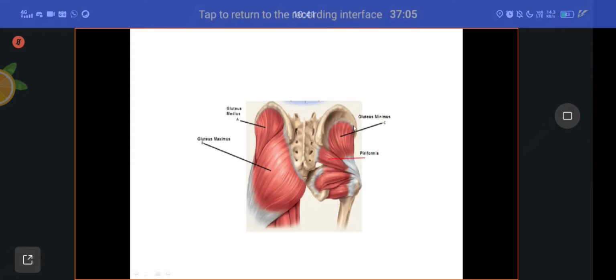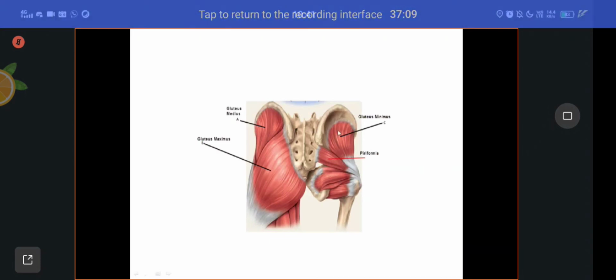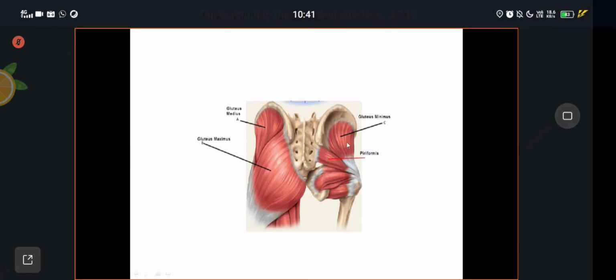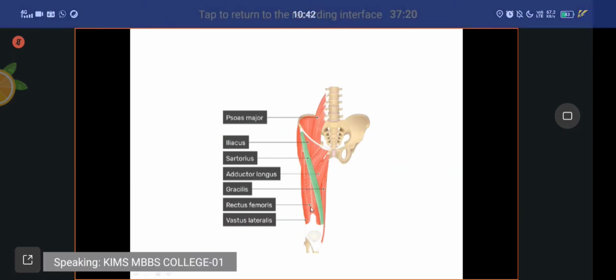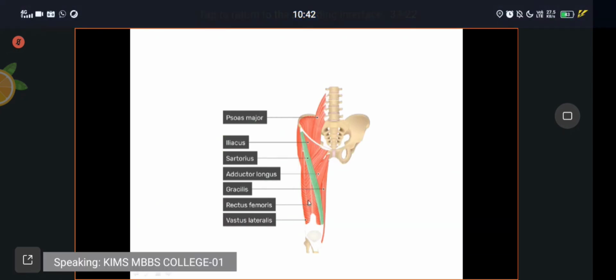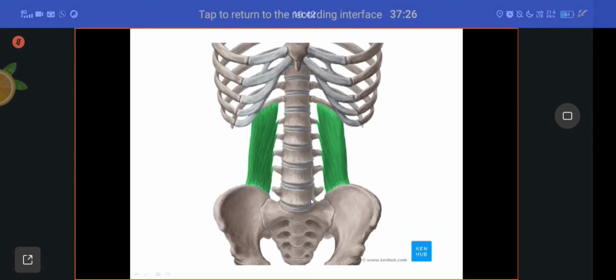And in this posterior aspect, what is this muscle? The gluteus minimus muscle. And where is this rectus femoris? It is in the anterior compartment or the extensor compartment. This is the rectus femoris muscle.